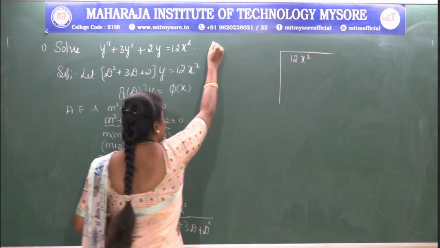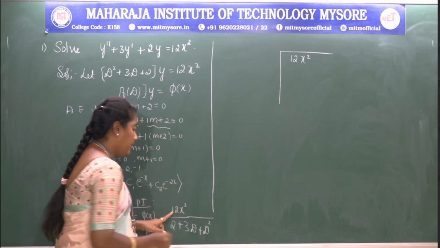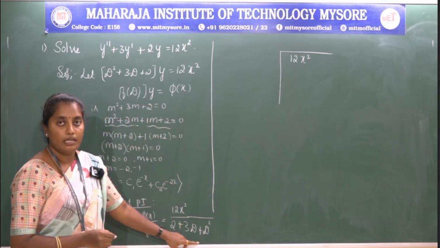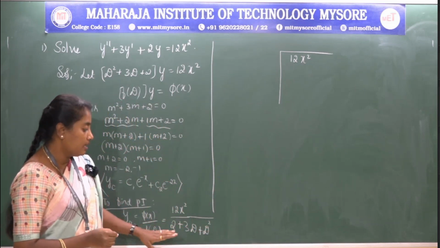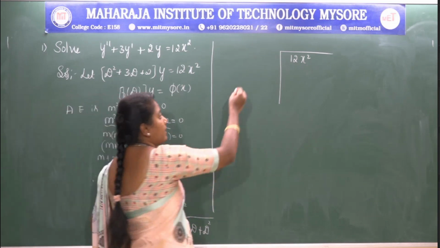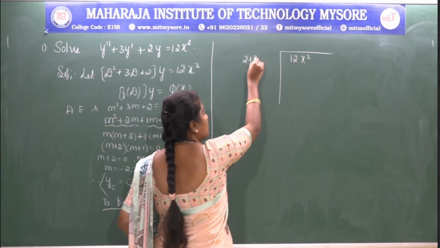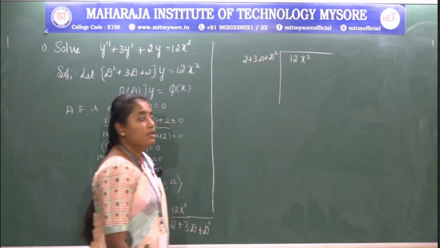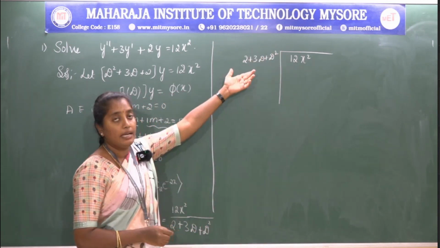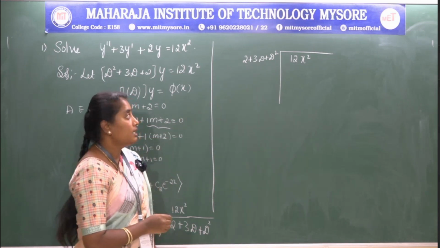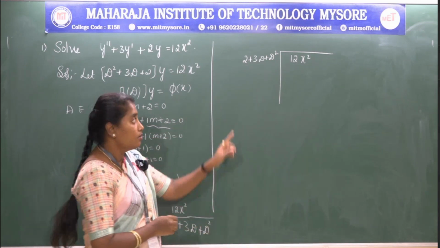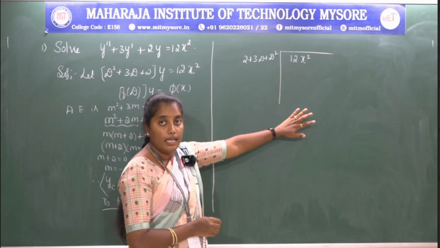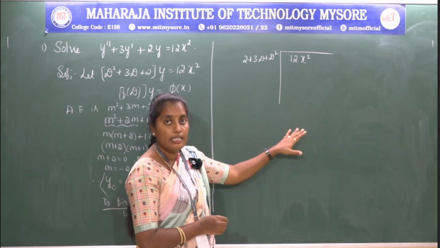So we have to divide 12x square by 2 plus 3D plus D square, till we get a 0 remainder.